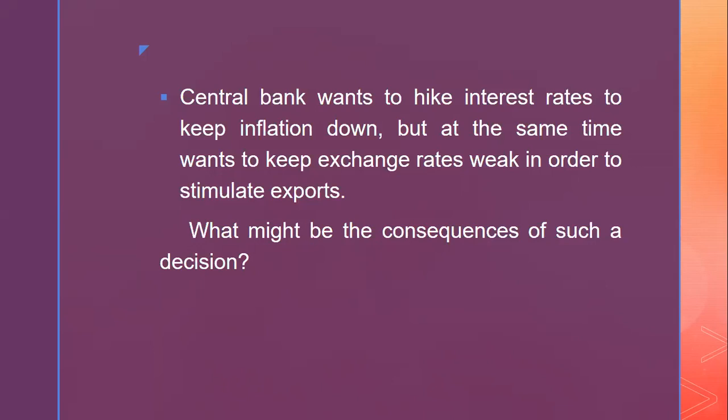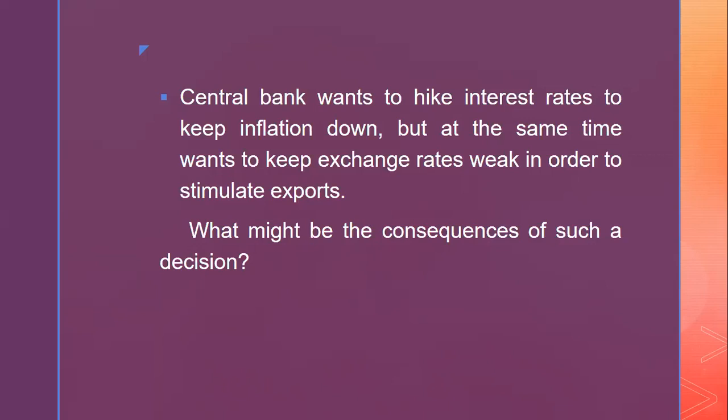The injection of money will of course defeat the initial purpose of the hike in the interest rate, right? What is the initial purpose? They want to keep inflation down, but simultaneously they want to maintain the fixed exchange rate. So they inject money in order to keep the exchange rate at the determined level.